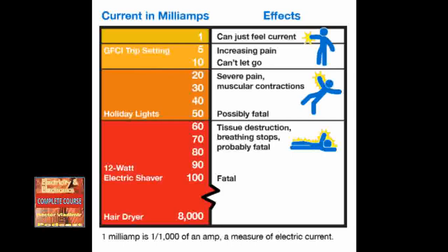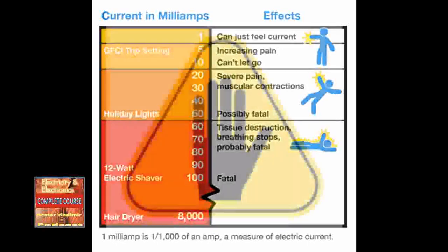From 10 to 20 milliamps, there can be sustained muscle contraction. The victim cannot let go. And from 100 to 300 milliamps, paralysis of respiratory muscles can be fatal, with severe internal and external burns, and can result in organ damage. 2 amps can cause cardiac arrest and is most times fatal.